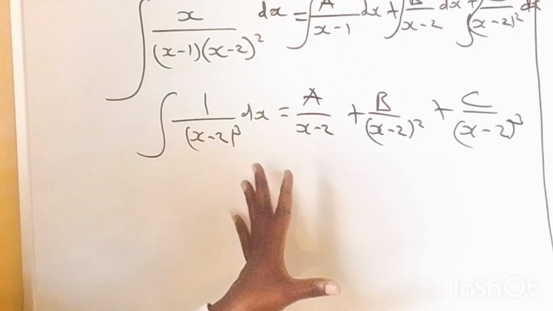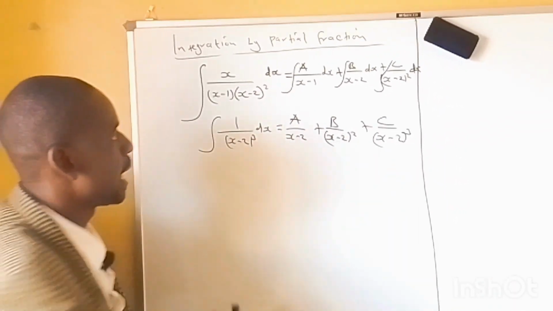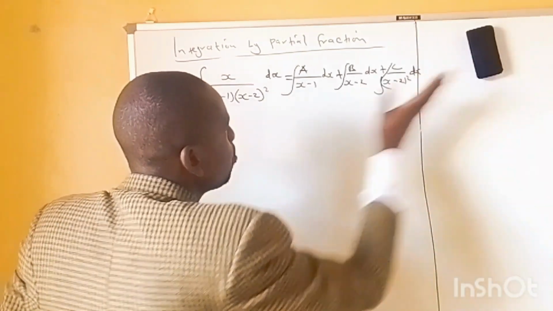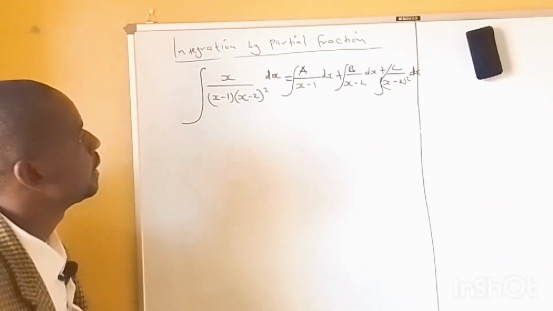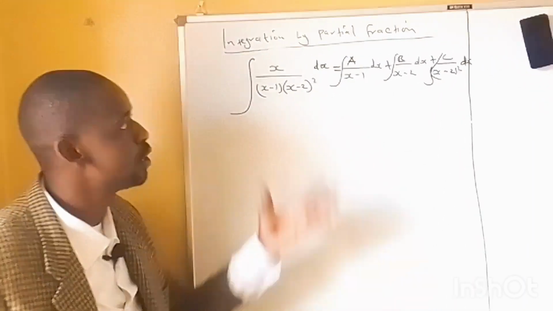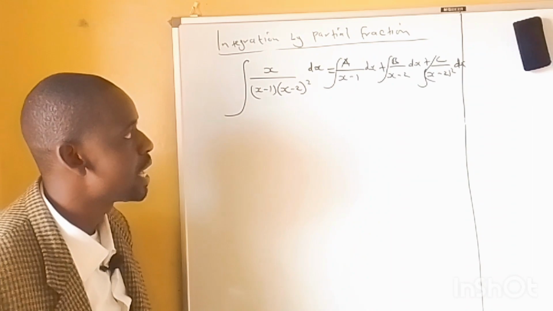So this is what you are supposed to apply there. So let's proceed. After decomposing it like that, you multiply both sides by the LCM, and then you can get A, B, C.